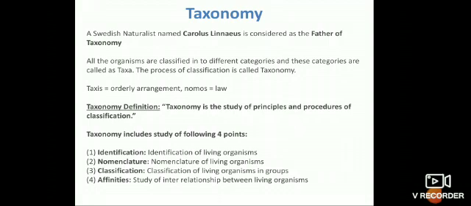Identification of living organisms, nomenclature of living organisms, that is naming the living organism, classification of living organisms in groups based on their morphological and genetical similarities, and study of interrelationship between living organisms, how all the living organisms are interrelated with one another, that comes under affinities.